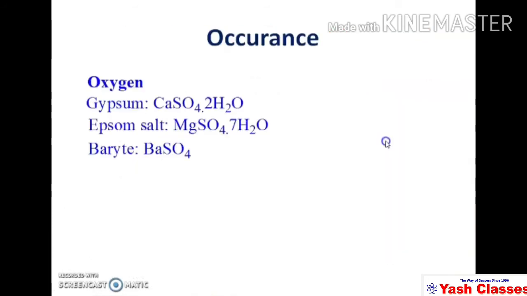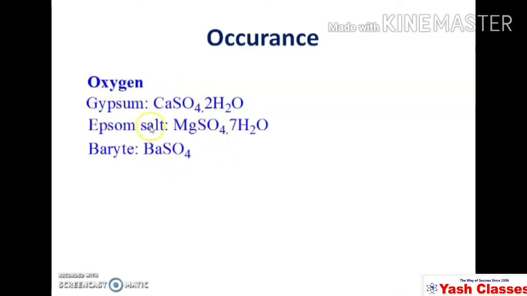Now occurrence. First of all, in group number 16, the most important element is oxygen, and this oxygen occurs in the atmosphere. You know, in the atmosphere there is approximately 20% oxygen. On the earth's crust it occurs as gypsum, which is a salt.